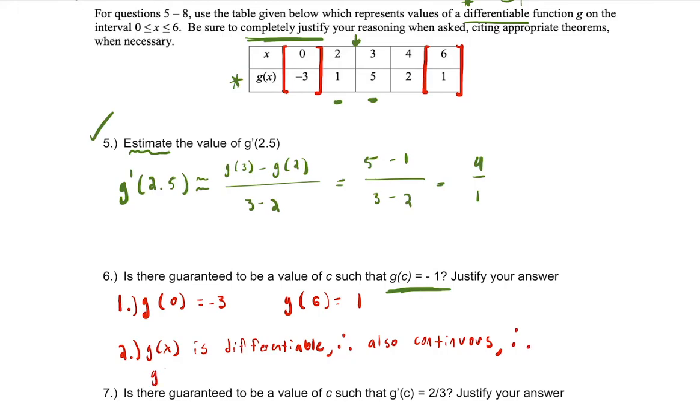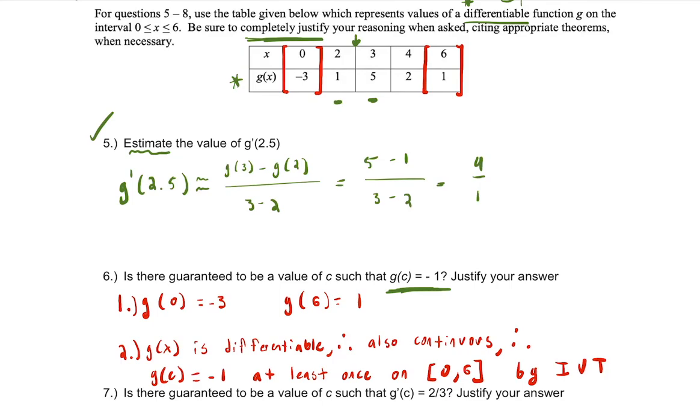Therefore, g of c equals -1 at least once. And this is really important. You have to give the interval, 0 to 6. Now here's the interesting part. You don't actually have to name the theorem, but I'm going to. I'm going to say by the intermediate value theorem.